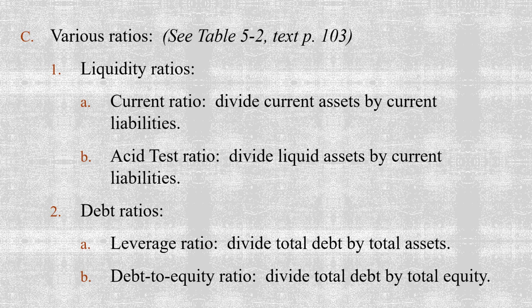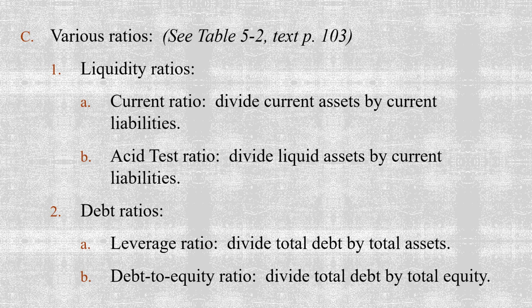Liquidity ratios would be the current ratio, which basically takes a look at the current assets and you divide that by the current liabilities. The larger that number is, the better. The acid test ratio, you divide liquid assets by current liabilities. And again, the larger that number, the better it is for a company.